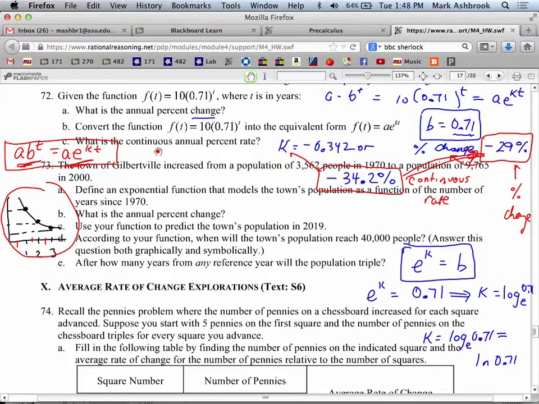So what's the significance of having two different ways to say it, like the continuous one? Because you're expressing it through the idea of continuous compounding. We're saying what percent, if it was compounded every single moment, would result in a true percent change of 29, and that's 34.2. If you keep subtracting moment by moment over the course of 1 unit, then 34.2% continuous will result in a true decrease of 29%.